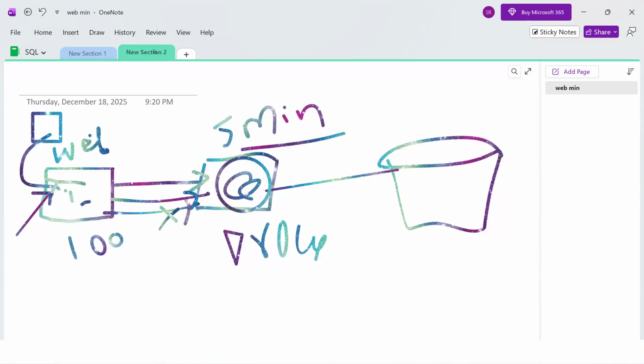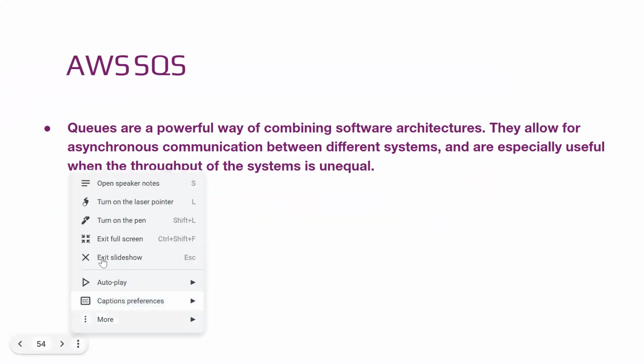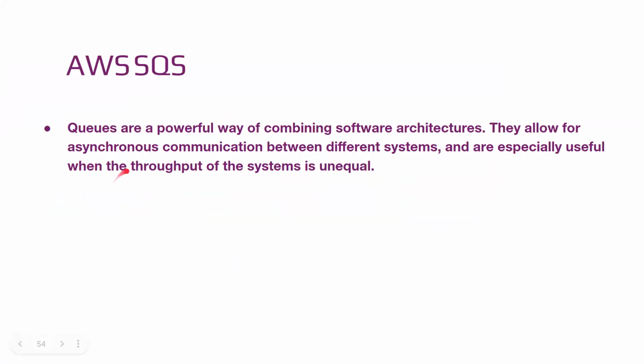That's why the throughput of these two systems is not equal. This system can accept 100 images within a fraction of a second, but to process each image it takes 5 minutes, so there is miscommunication and some failures occur. This is called unequal throughput.